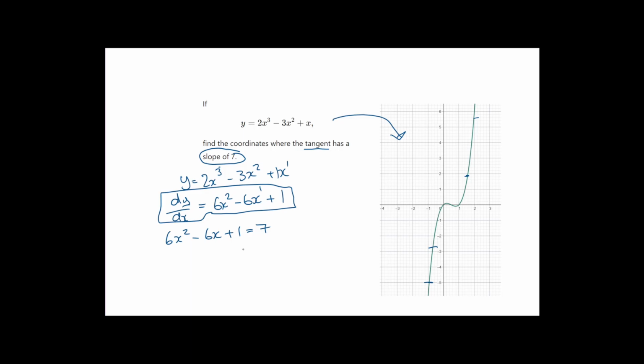We would need to factorize and do algebra on that, but let's bring that 7 across. 6x squared minus 6x, and now it's going to be minus 6, equals 0. We could divide all of it by 6.